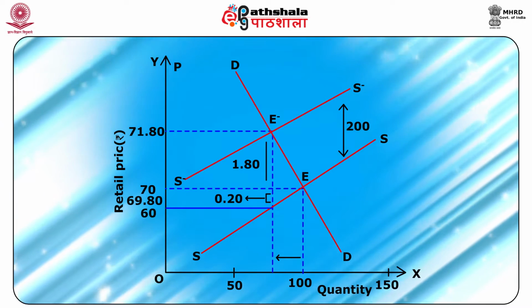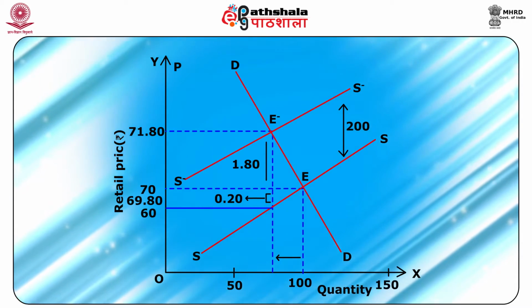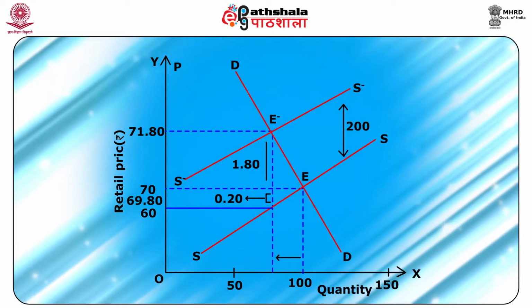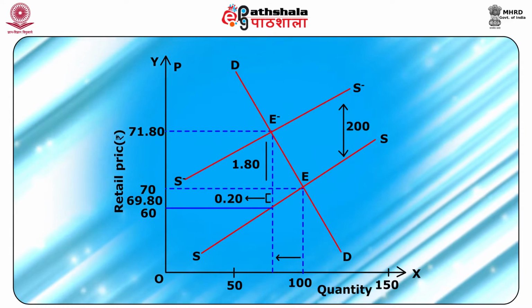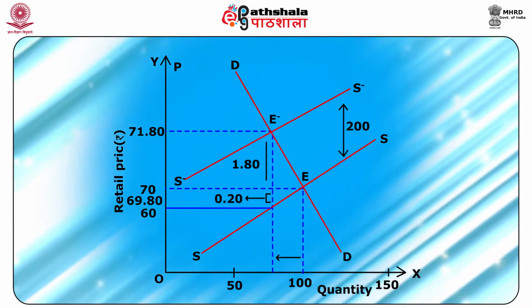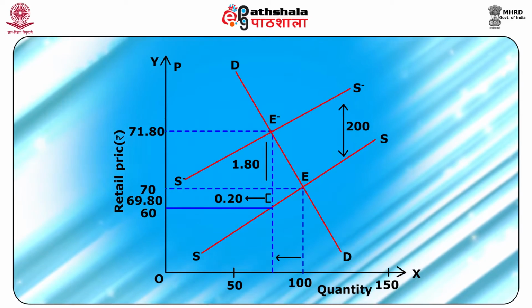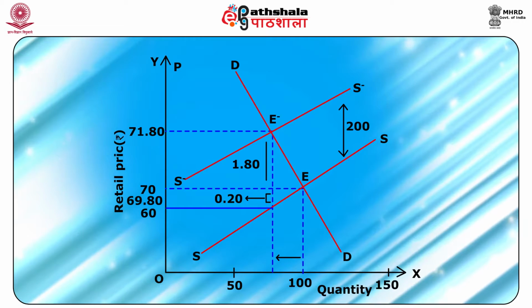That means there is a reduction of 20 paise. So, out of the increase in the tax to the tune of 2 rupees or 200 paise, 180 paise is being borne by the consumer, and 0.2 of a rupee or 20 paise is being borne by the producer.